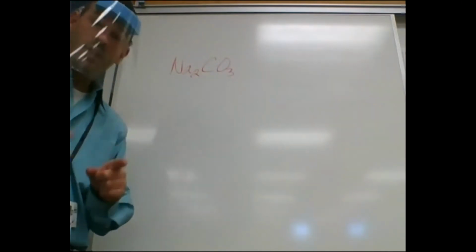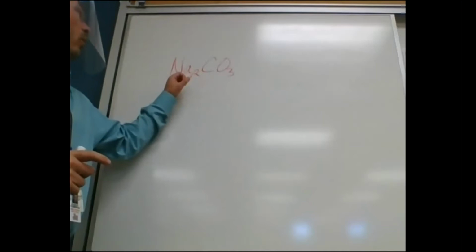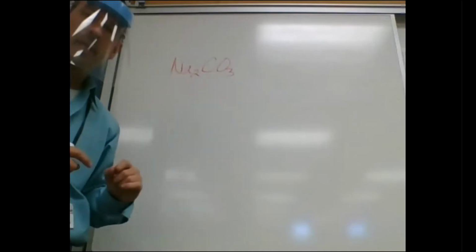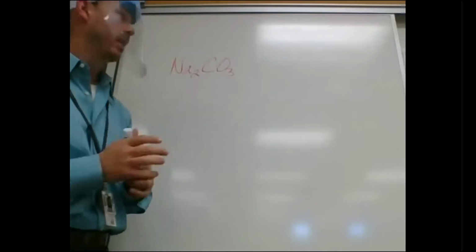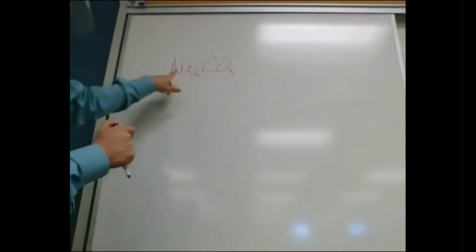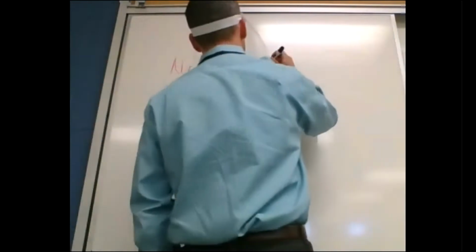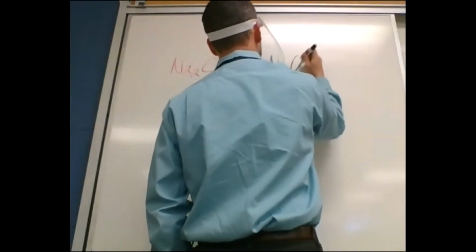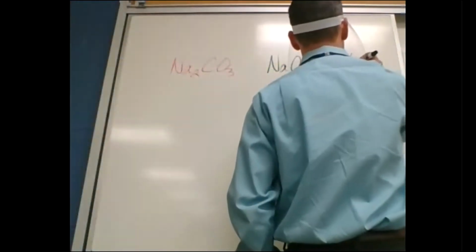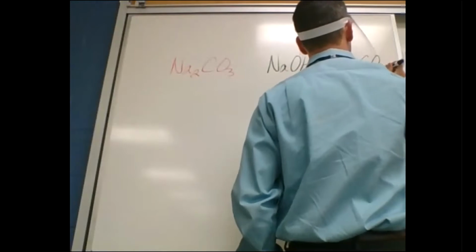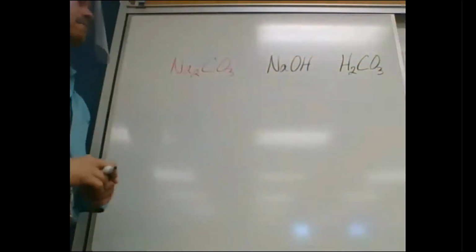I know that it's salt because it's a metal bonded to a polyatomic, which is why this new idea of parent finding is happening. So let's look at the parents. The positive Na would be attracted to the negative hydroxide. The negative CO3 would be attracted to the positive hydrogen. I have found the parents.